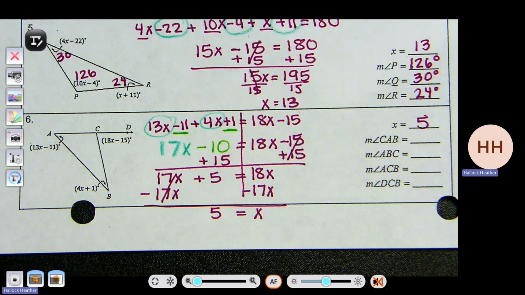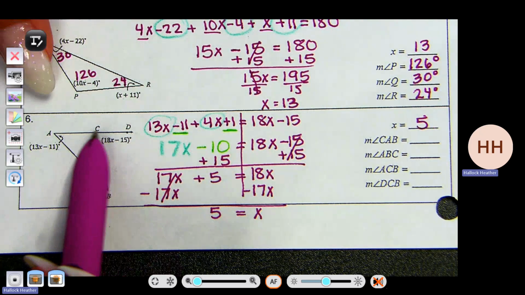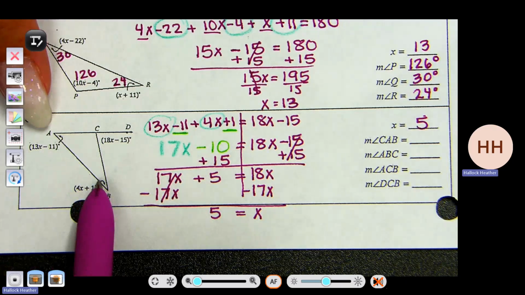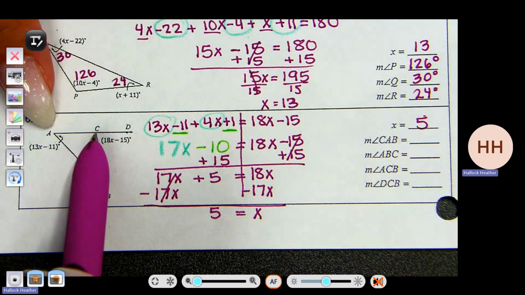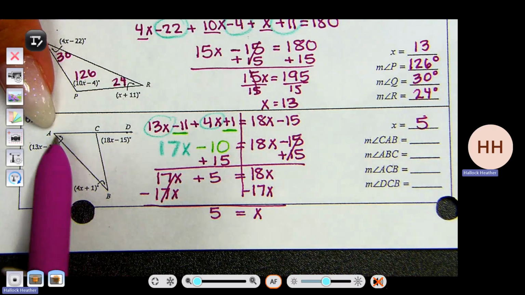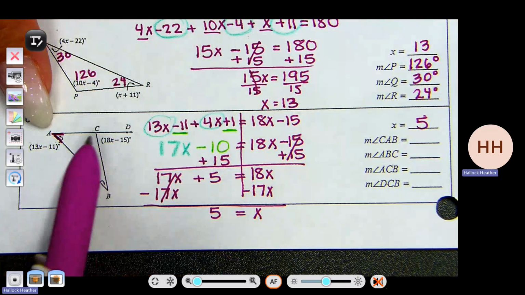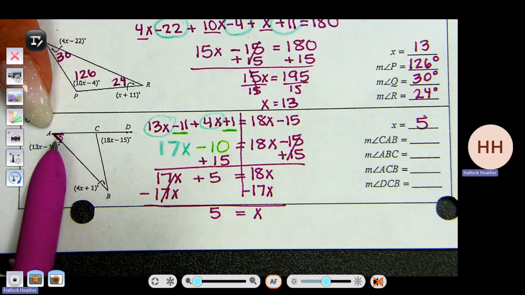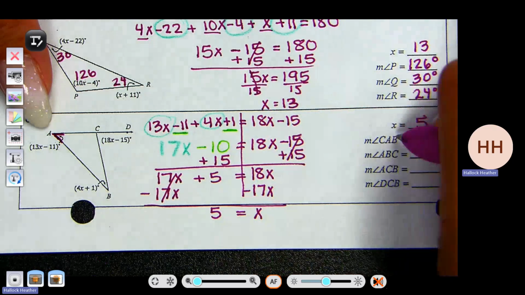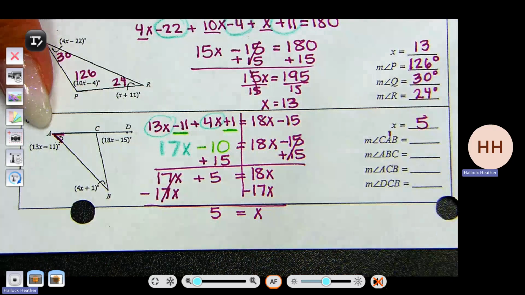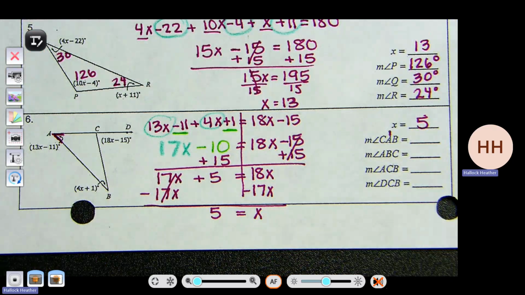It says CAB, so it's technically starting at C. It's going to A, it's ending at B, CAB, C to A to B. So what letter is it really talking about? It's talking about A. Because you start at C, you go to A, it ends at B. So it's really talking about the middle letter.